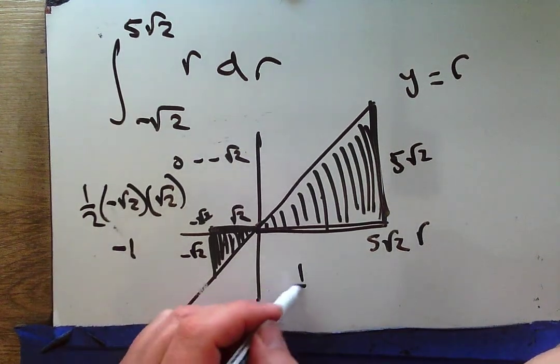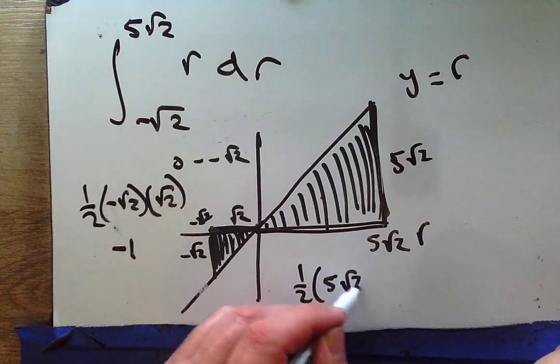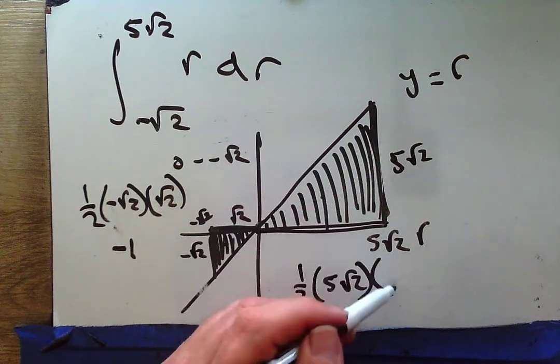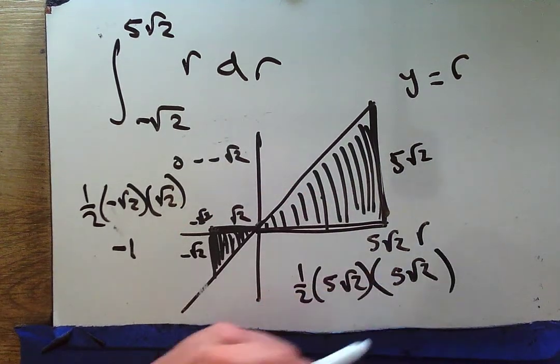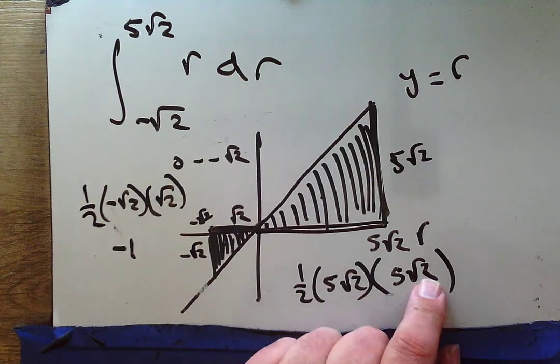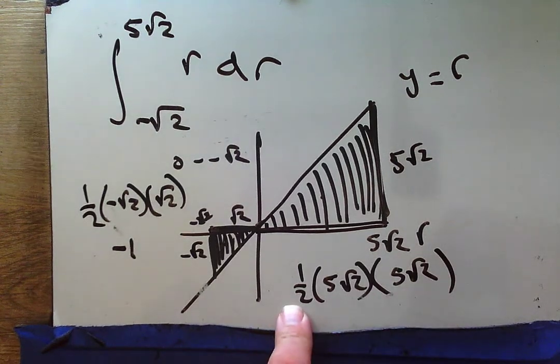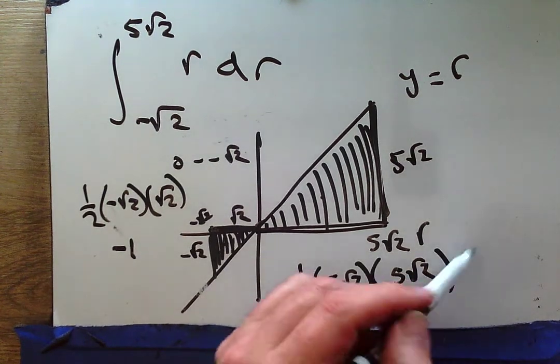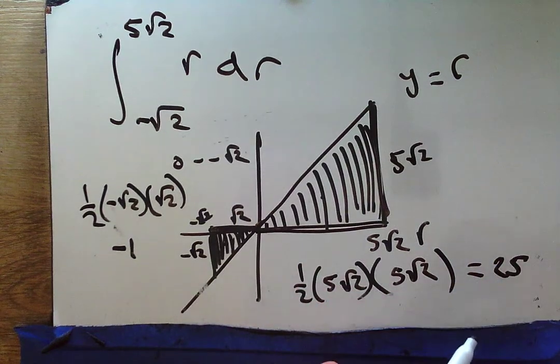Over here, we've got 1/2 5 root 2 times a height of 5 root 2. 5 times 5 is 25. Root 2 times root 2 is square root of 4 or 2. Ooh, 2 times 1/2, they cancel, and so all I have left with is 25.